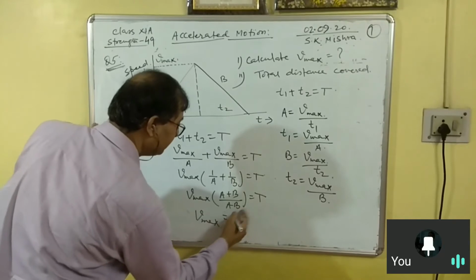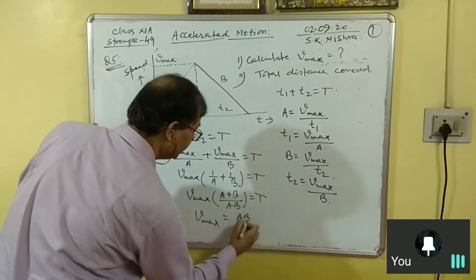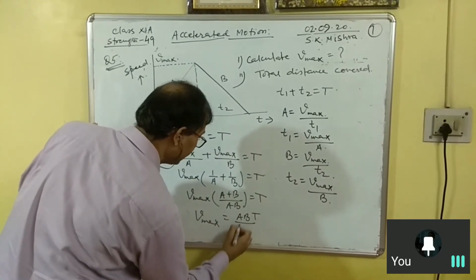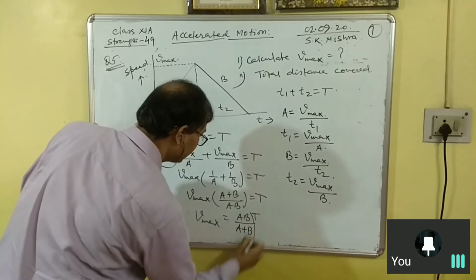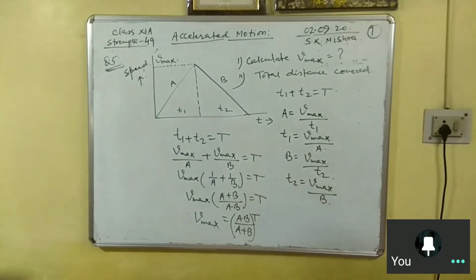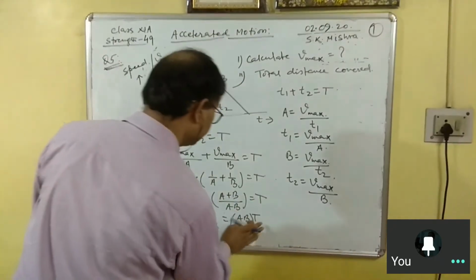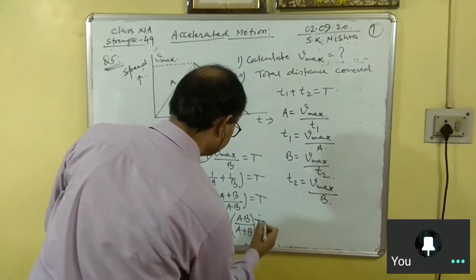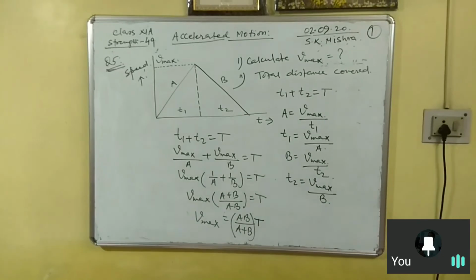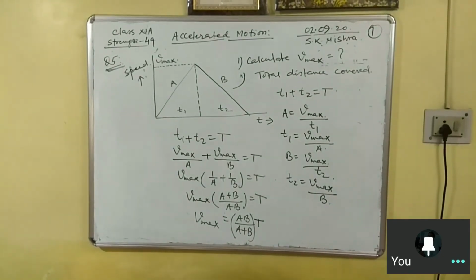It is AB into T divided by A plus B. So acceleration times retardation divided by acceleration plus retardation, into this T. Okay? So this way you are getting the maximum velocity.